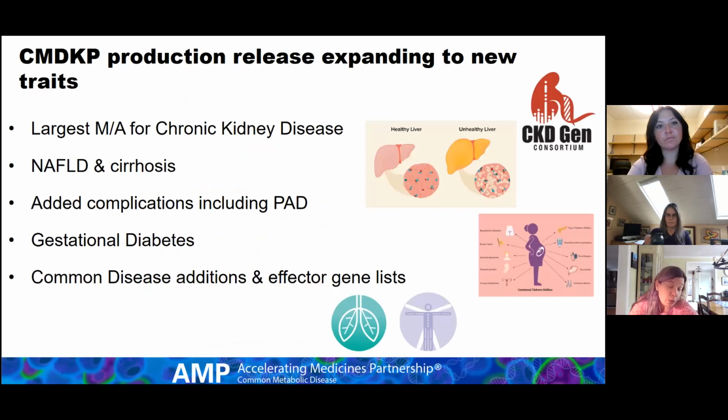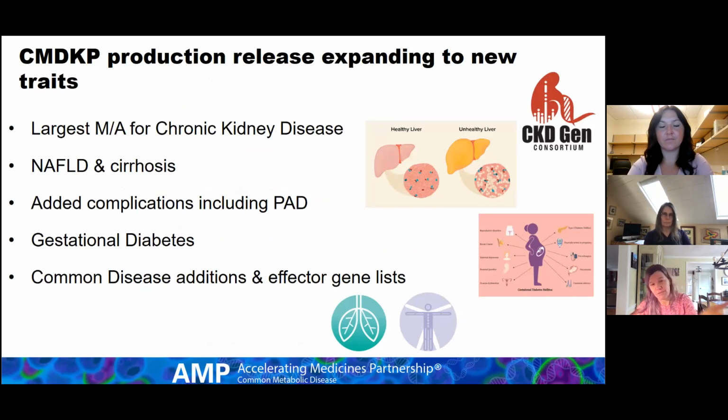Other features coming on board in March, we're going to have a production release. We haven't had one in a while because, as we've expanded to CMD, common metabolic disease, in the last year or so, we've been thinking about what are the core diseases we really want to feature in the portal across that space. So in the next release, you'll see the largest meta-analysis for chronic kidney disease from CKDGen coming online.